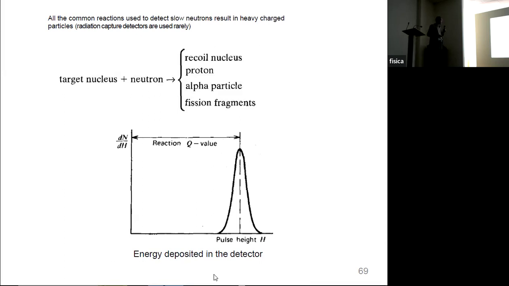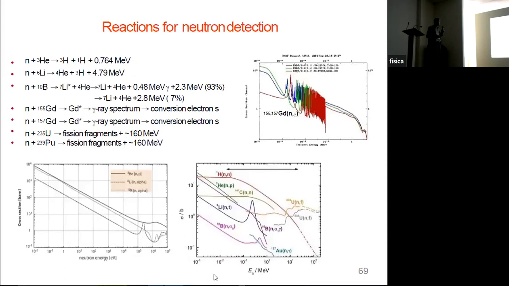This can be done by measuring the energy deposited in the detector. So I remind you about the reactions which are used to detect neutrons. Here we are talking only about thermal neutrons right now.